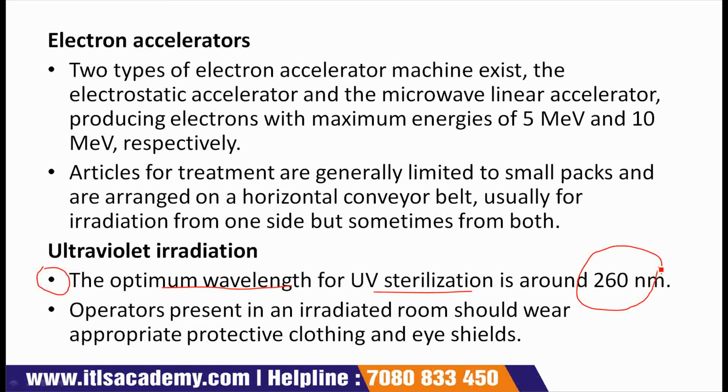A suitable source for ultraviolet light in this region is a mercury lamp giving peak emission levels at 254 nanometers. Next point, operators present in an irradiated room should wear appropriate protective clothing and eye shields.